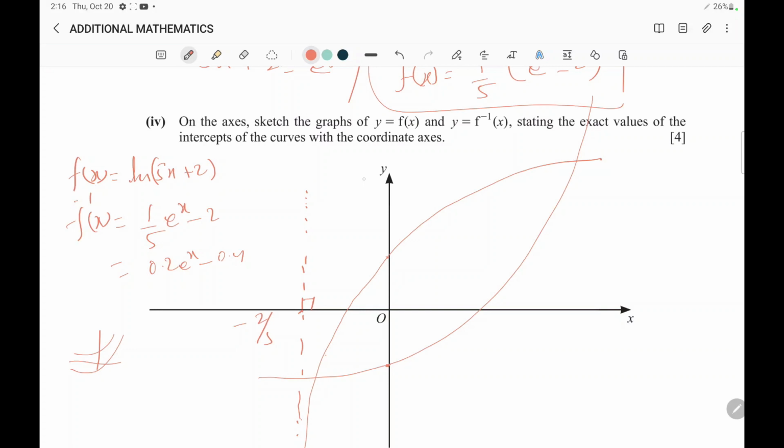Now, stating the exact values of the intercepts. Okay, so we have to say this, and this. So this is the log part, and here x is 0, so this is ln 2. And for this, what about this, guys?